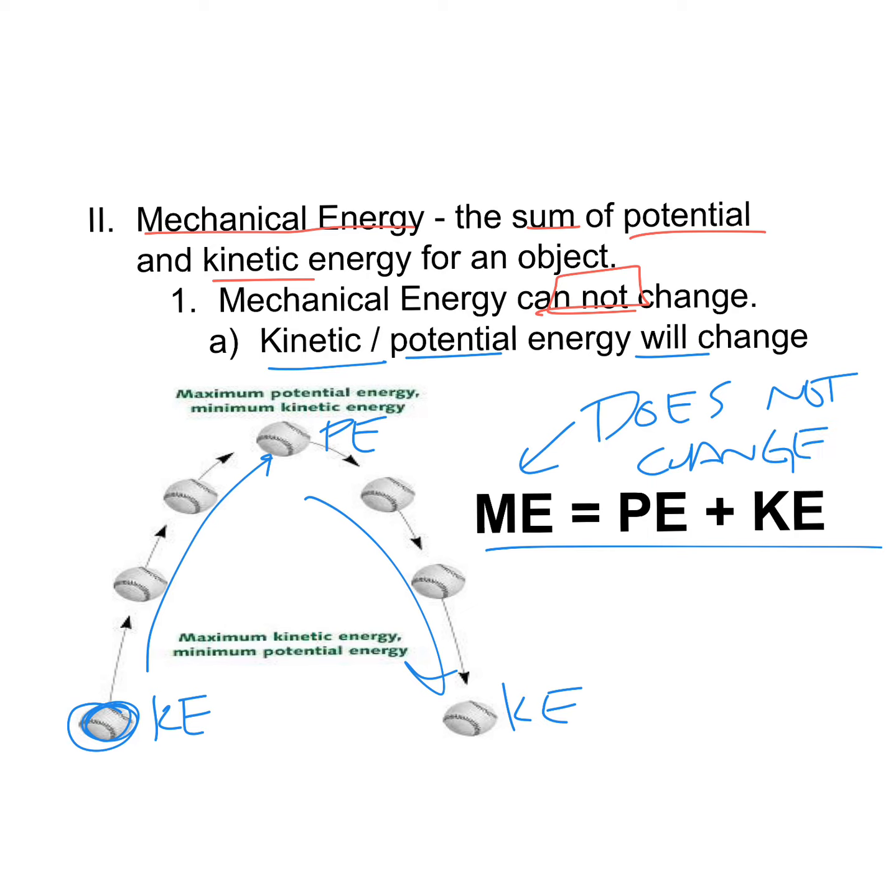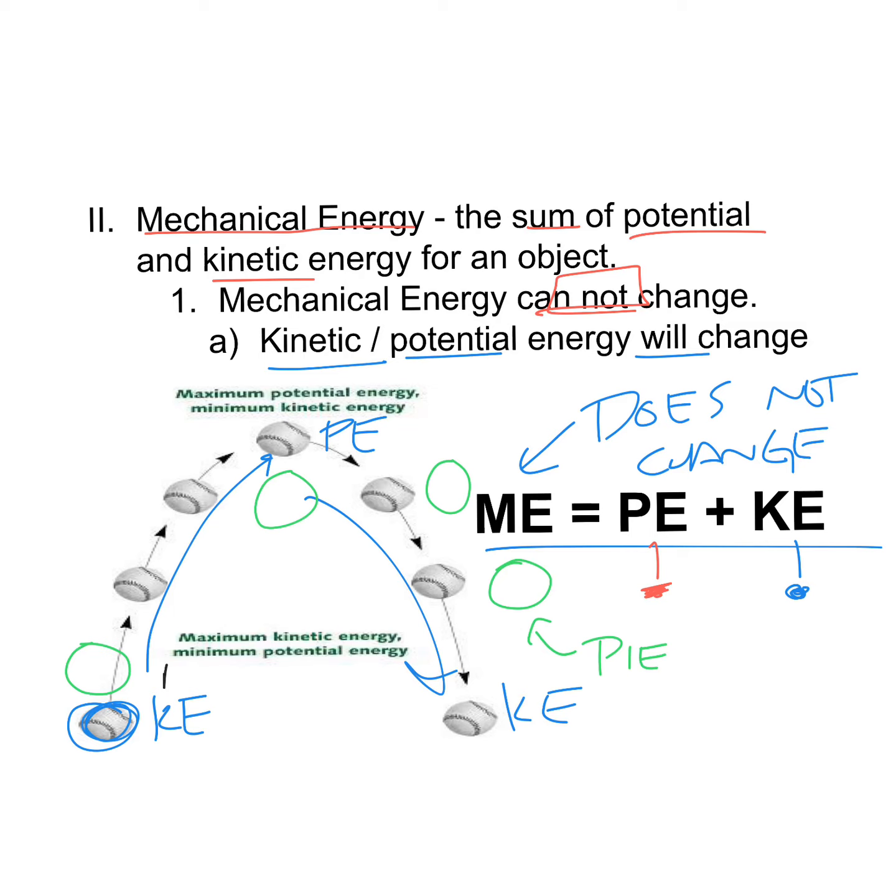Think about when we did the energy skate park. Mechanical energy is the whole pie. It always is the same. But potential and kinetic are the pieces. So maybe potential is red and kinetic is blue. So when we looked at this scenario here, let's do the pie for this, the ball at these three positions.